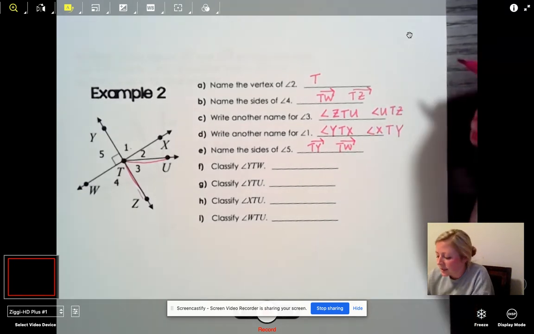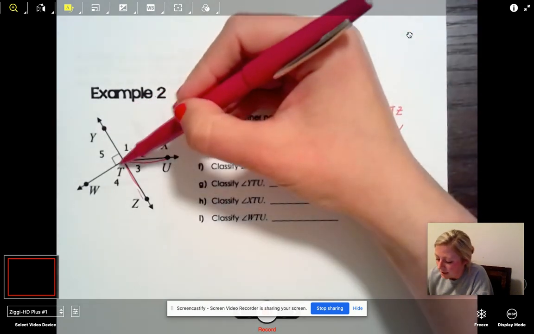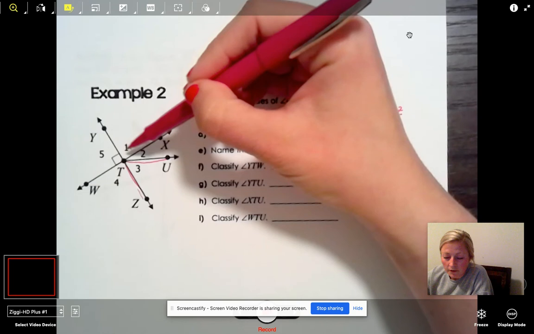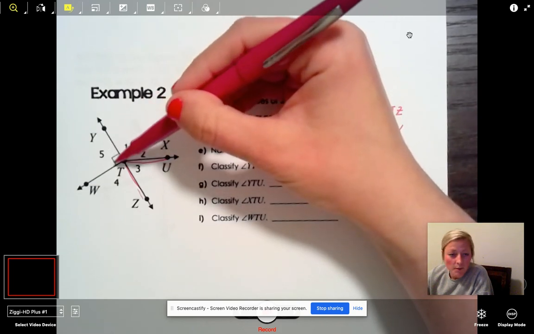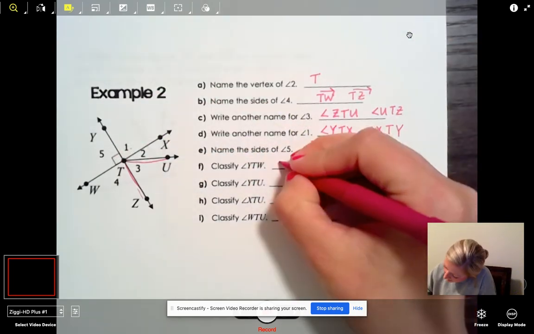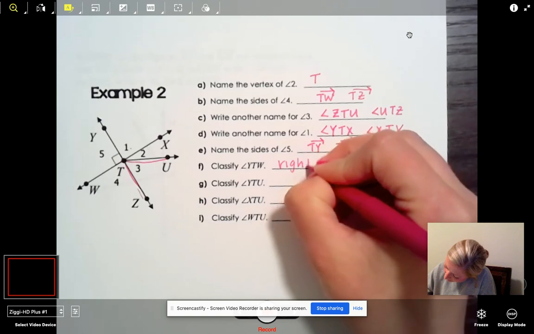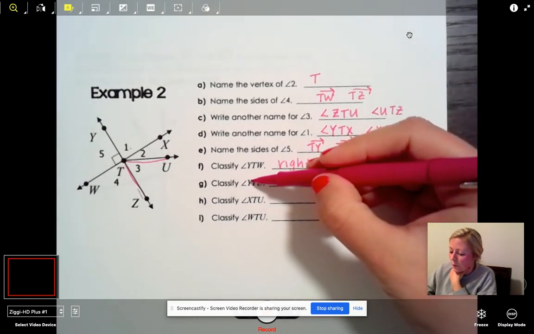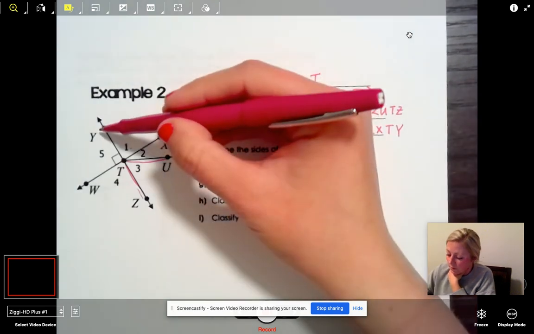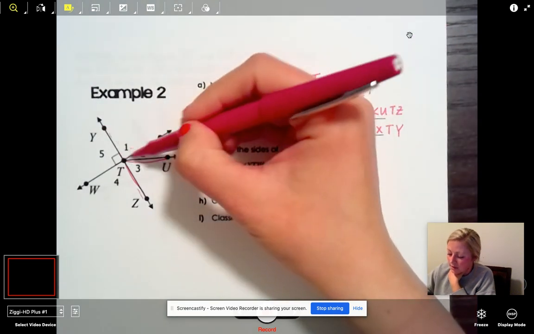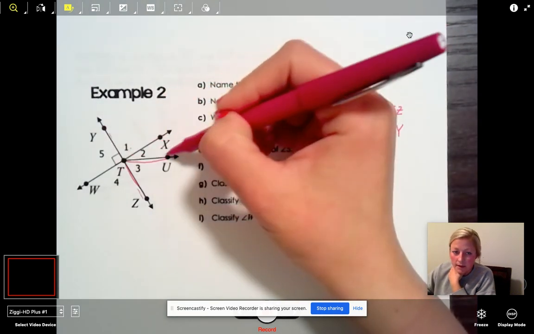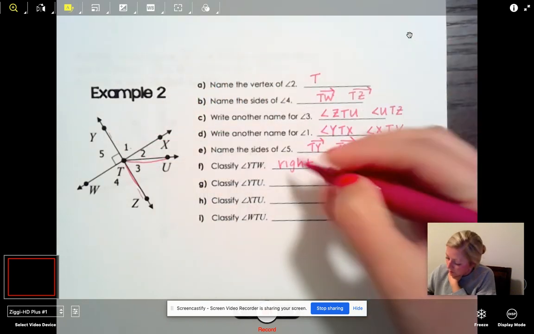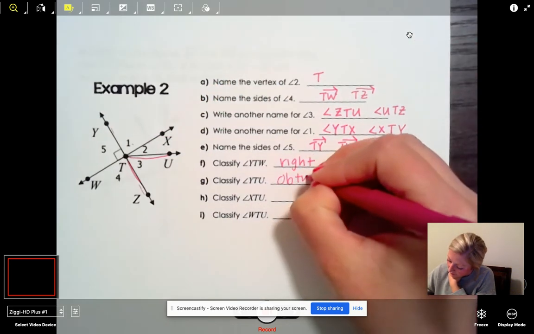Classify angle YTW. So find YTW. It's talking about angle 5. And we know since that little box is there that it is a right angle. Classify angle YTU. This angle right there would be obtuse, greater than 90.